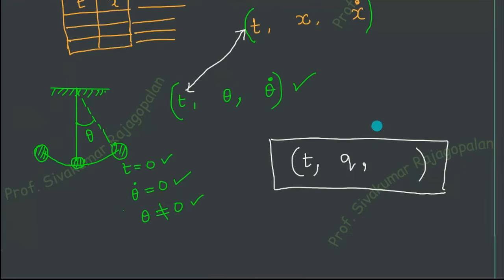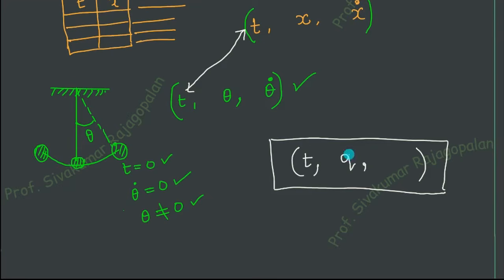General symbol means q is nothing but position in that experiment. q is nothing but theta in the simple pendulum experiment. And q can be something else in another experiment. That is an idea. So what is meant by q here is, q is called generalized coordinate.